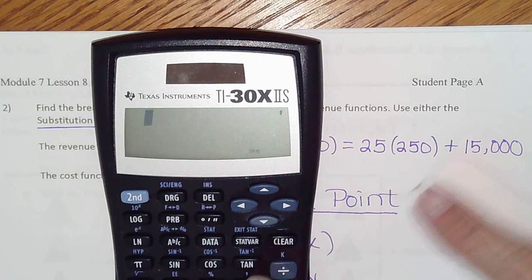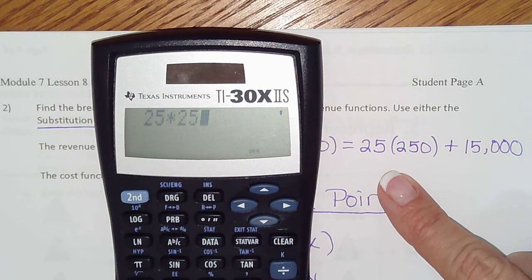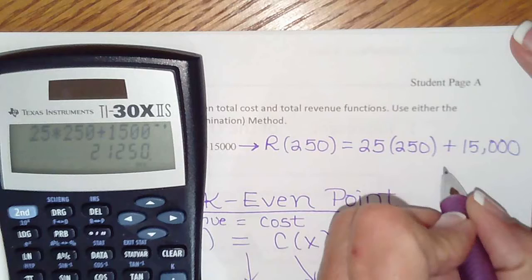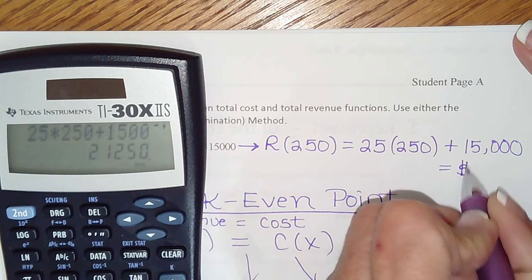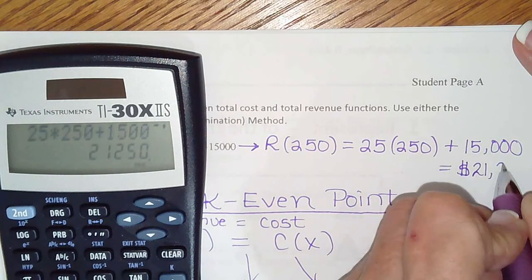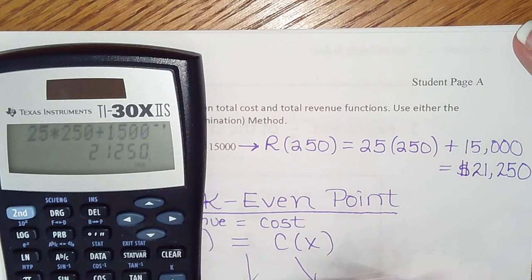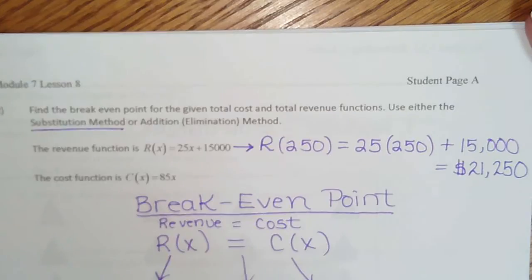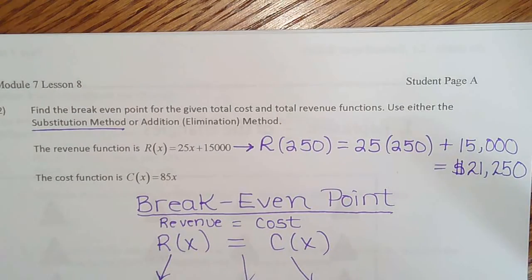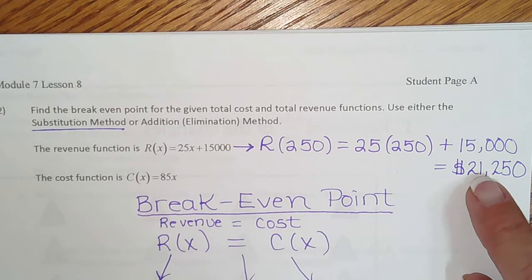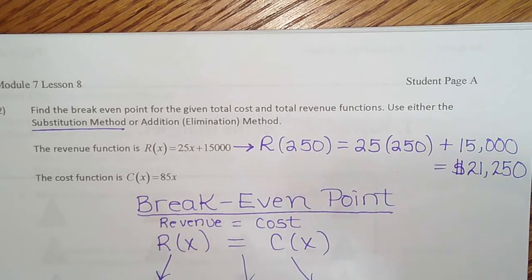So 25 times 250 plus 15,000. That gives us $21,250. So once we've made 21,000, we've paid off all the supplies, all the rent, all the employees. Anything we make over 21,250 is profit.